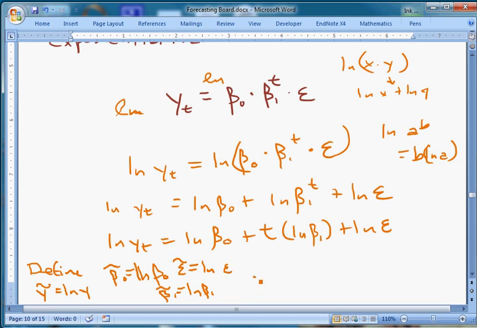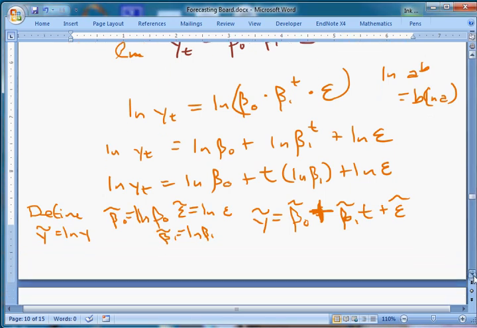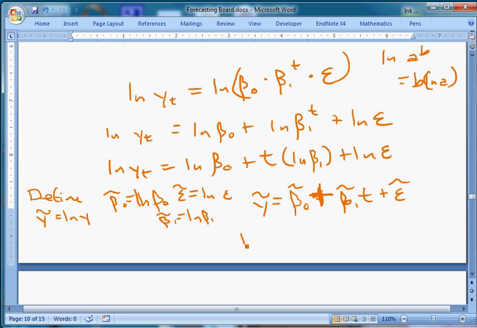And then we have our model, which just has a lot of squiggles in it now. y squiggle equals beta 0 squiggle plus beta 1 squiggle times t plus epsilon squiggle. And now you just estimate beta 0 squiggle and beta 1 squiggle. And what we do then is you can interpret b1 squiggle, which we've estimated, as the rate of growth per period, as percentage change from one period to the next.